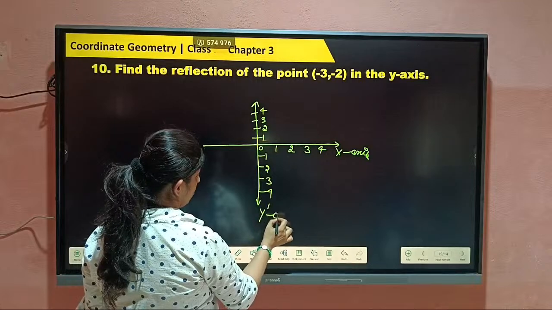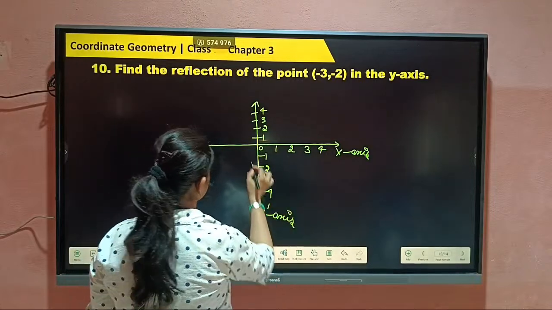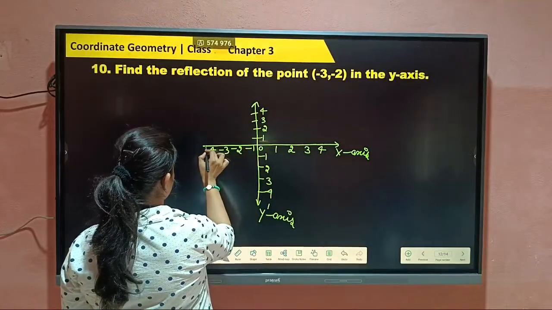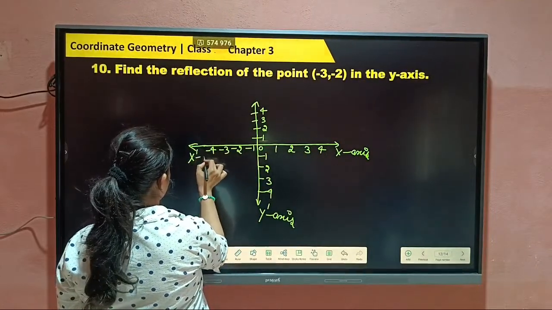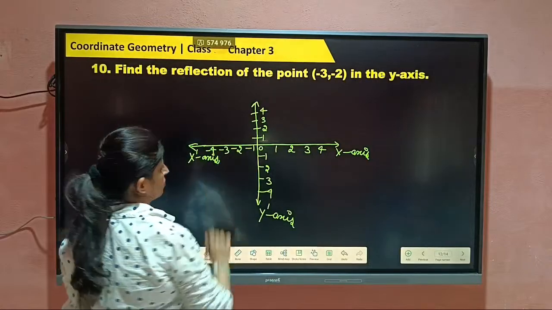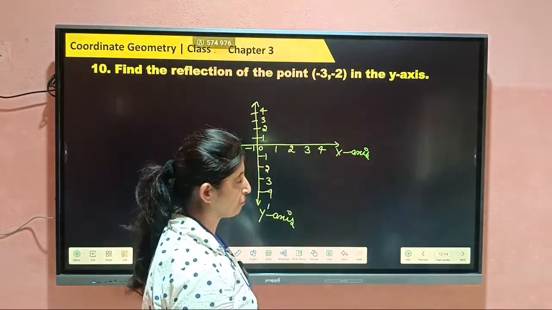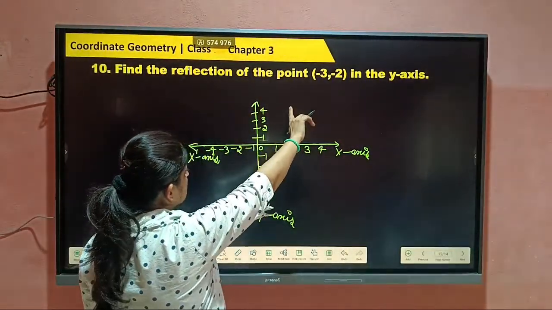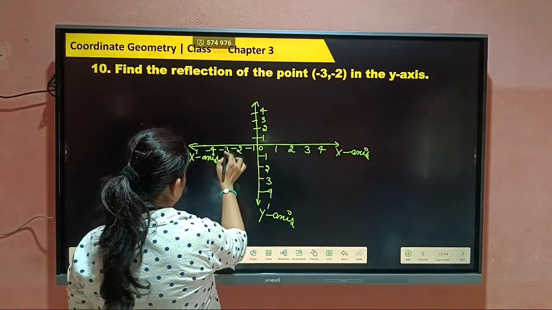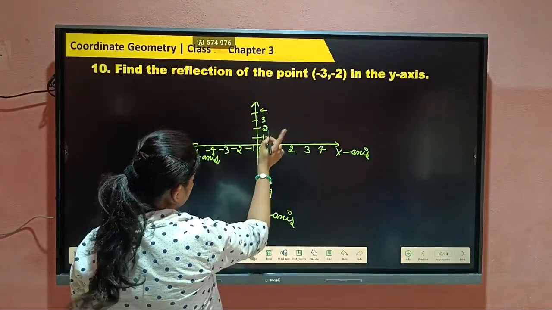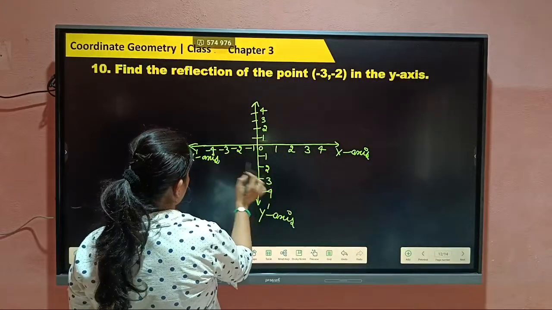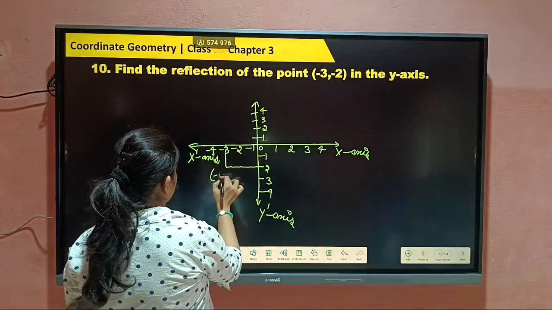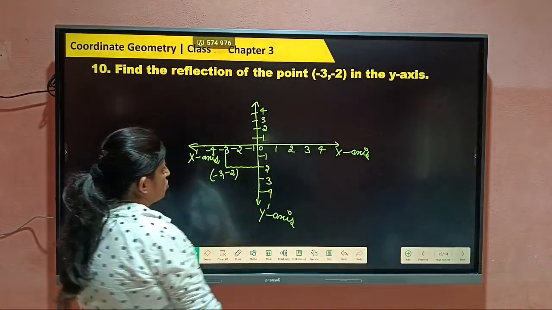This is negative side of y-axis. This is negative side of x-axis. Got it? Find the reflection of point. Point is -3, -2. -3, -2 means x is negative and y is also negative. This point is here. This -3, -2.